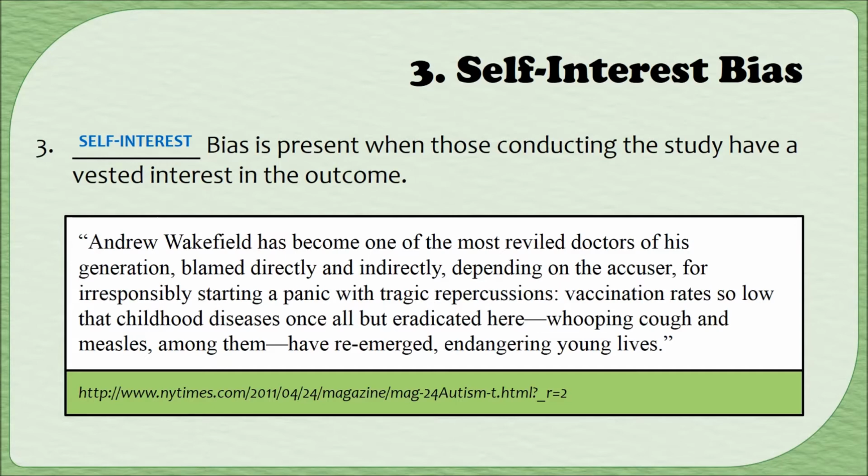Vaccination rates are so low that childhood diseases once all but eradicated here, whooping cough and measles among them, have re-emerged, endangering young lives. Because of Wakefield's study, folks are not vaccinating their children, which means diseases that were once completely gone, out of the country, that no one got, are coming back. Years and years ago, people died from these diseases, and now we got rid of them. They're coming back because of his biased study.